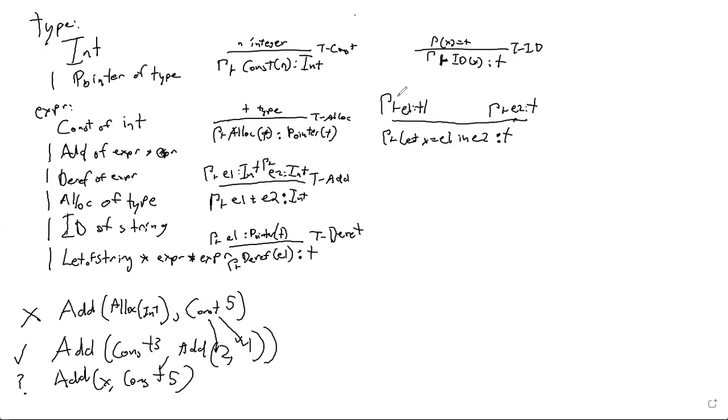This has to be the case because otherwise, if we let X equal something incoherent, then we want this program to break. So E1 has to be of some type.